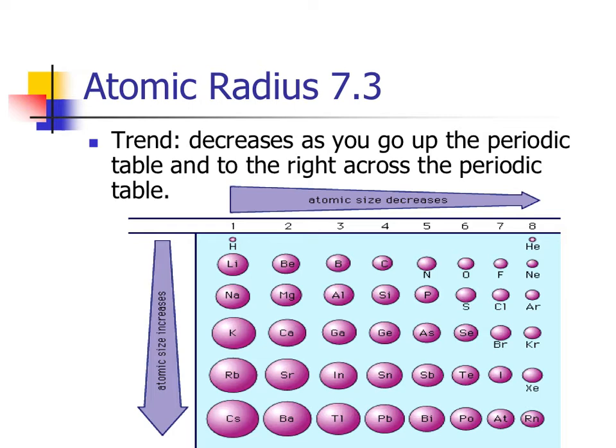Because the protons have a positive charge and the electrons have a negative charge, remember, according to physics, opposites attract. So that proton in the middle is going to attract the electrons that are hanging out outside, and therefore we're going to pull them into the middle just a little bit more.